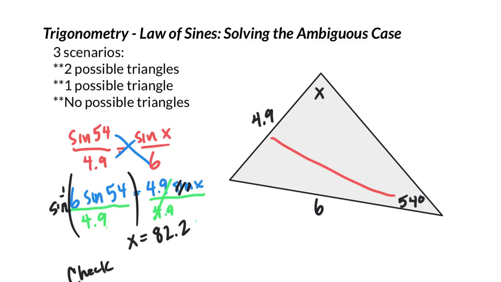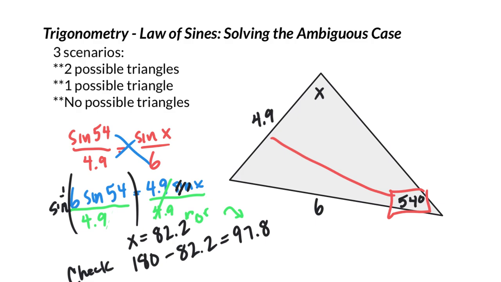Remember, there could be two triangles, so 180 minus 82.2 is 97.8. So it could be this one or this one. Here's how we verify. We go to the angle that we know, and we say 54 plus 82.2 and 54 plus 97.8.